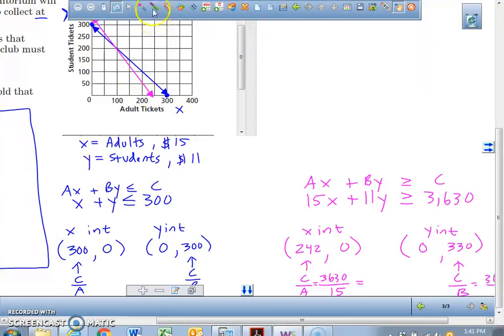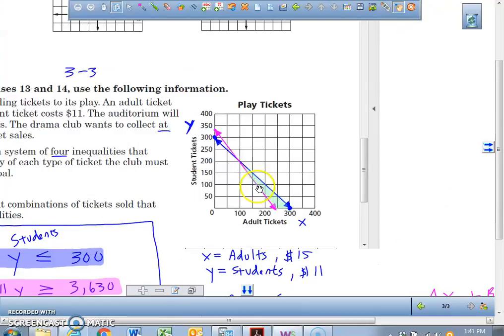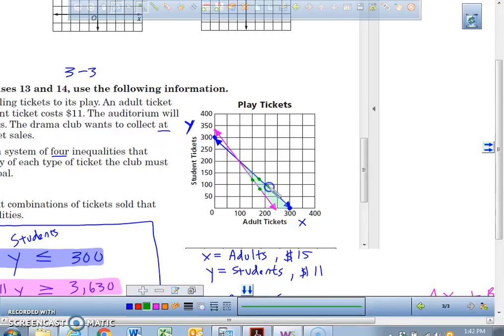Therefore, if you were going to shade this, you would have to shade everything right in that little sliver, which means any solution right here would have to be either on this line right here, any point that's on any of these 2 lines would be ordered pairs that work, or any ordered pair in between those 2 lines would work.